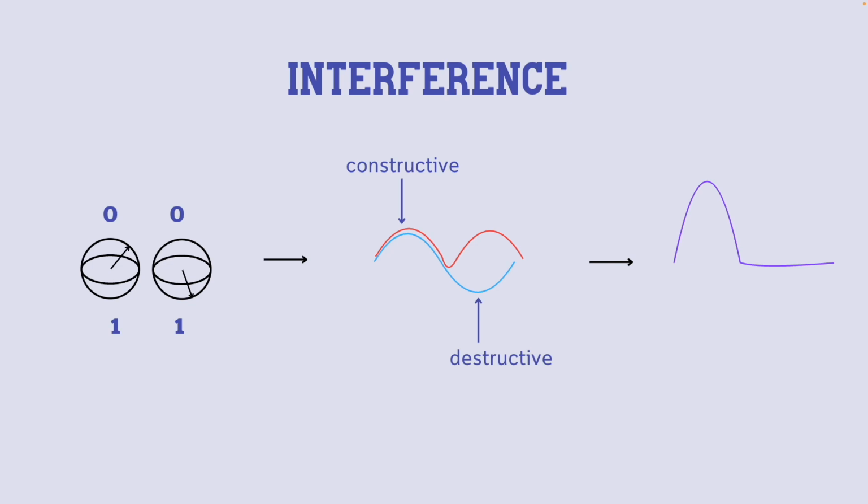By carefully manipulating the quantum states of qubits and designing quantum algorithms to exploit interference effects, we can enhance the probability of obtaining the desired computational outcomes while suppressing unwanted outcomes.